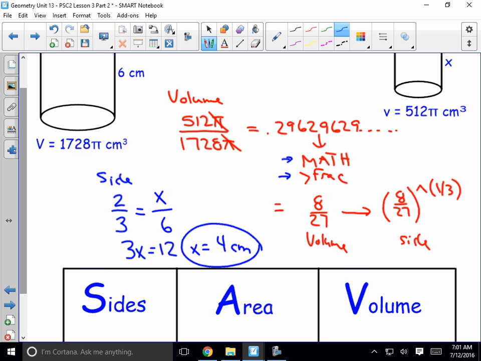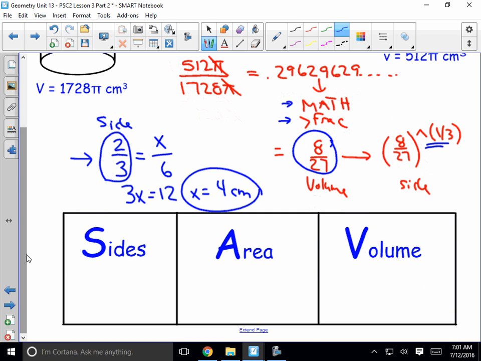Okay, that will give you the simplest form fraction. And then once we have that simplest form fraction, then we cube root it or raise it to the power of 1/3. And that ends up giving us our side ratio for the length values.